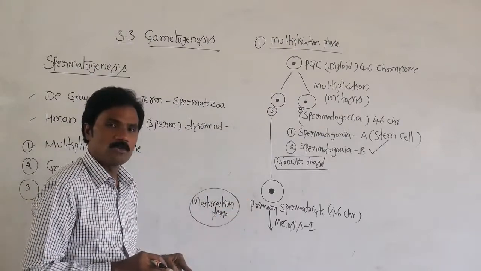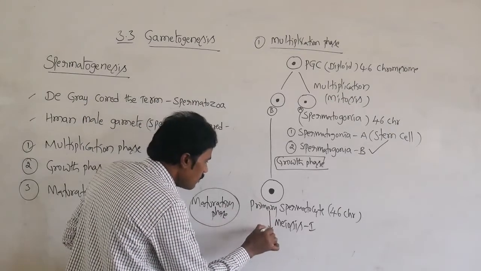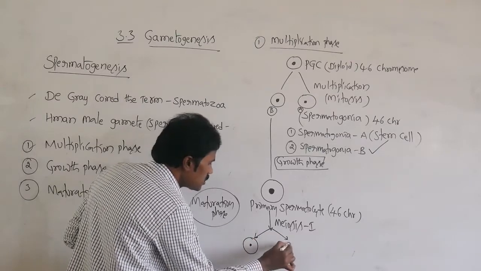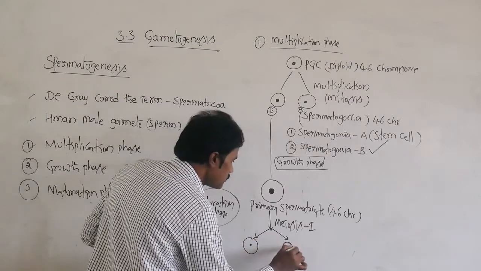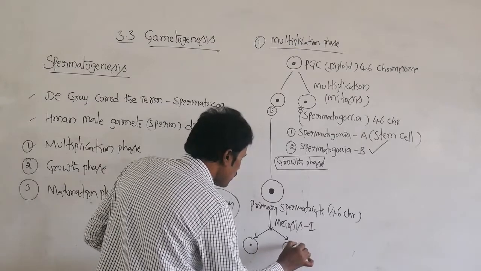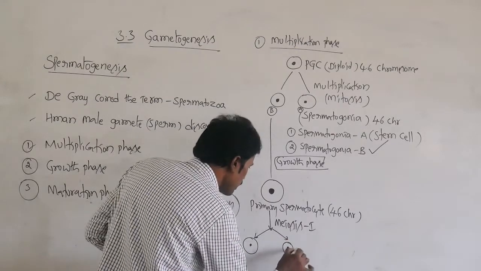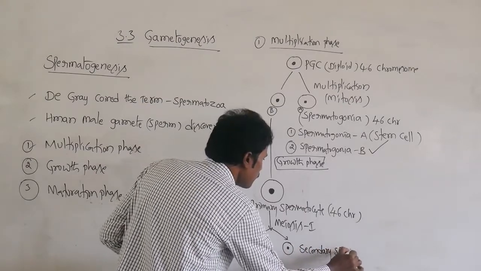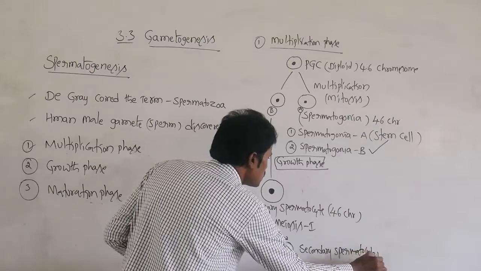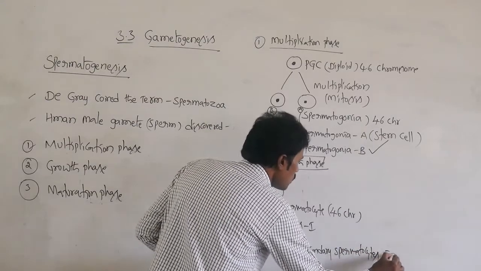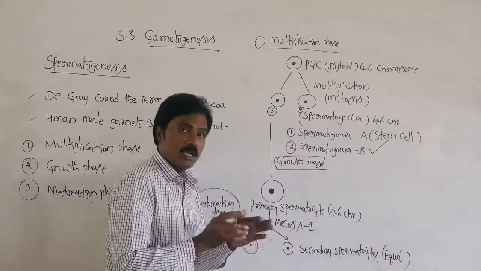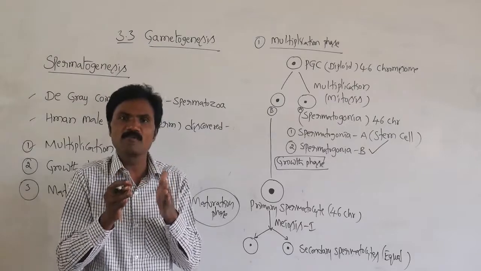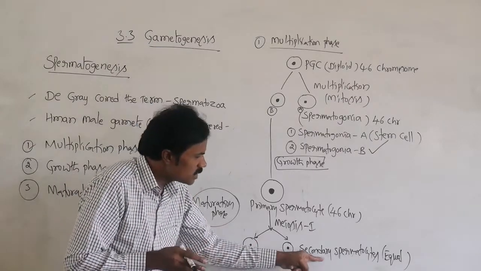Here the primary spermatocyte, after meiosis 1, forms two equal haploid cells, that is, the secondary spermatocytes, with an equal number of chromosomes.